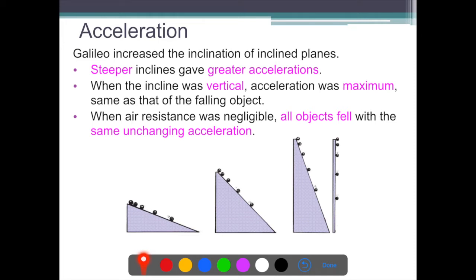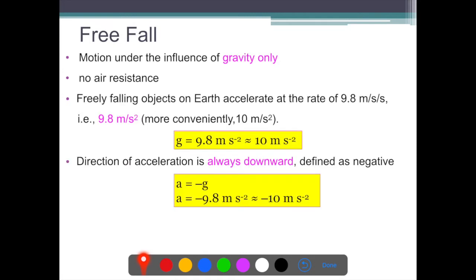When air resistance is negligible, all objects fell with the same unchanging acceleration. This motion, where the objects fall with constant acceleration only under the influence of gravity, and air resistance is negligible, is called free fall.